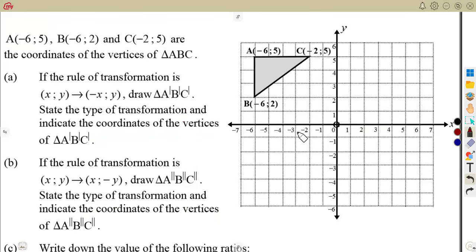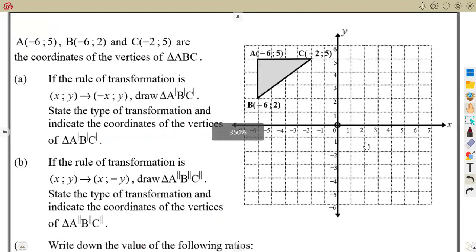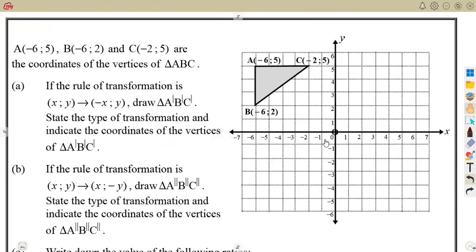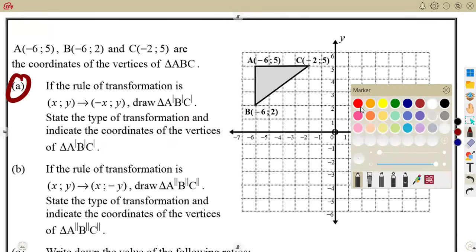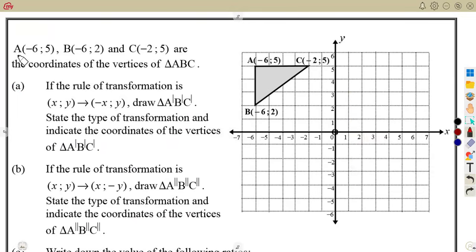In this case, I'm just going to consider one or two questions. I'm not going to talk much in this part that we are having. The question there, we're just going to consider the first part here. We were given in this case that A, B, and C are points, the coordinates of the vertices of triangle ABC.